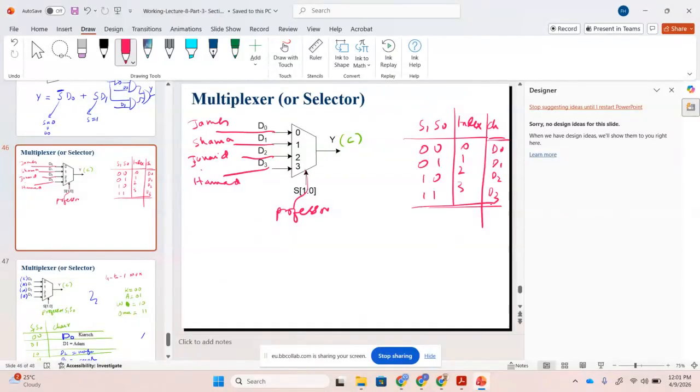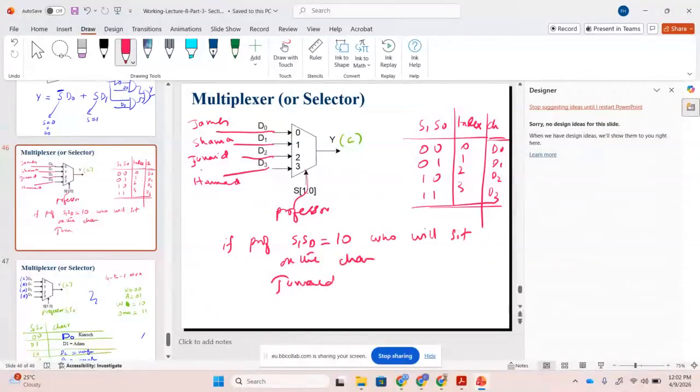So let's assume if the professor code S1 S0 is equal to 10, who will sit on the chair? Anyone may answer. Junaid? Yes. So Junaid will sit on the chair.